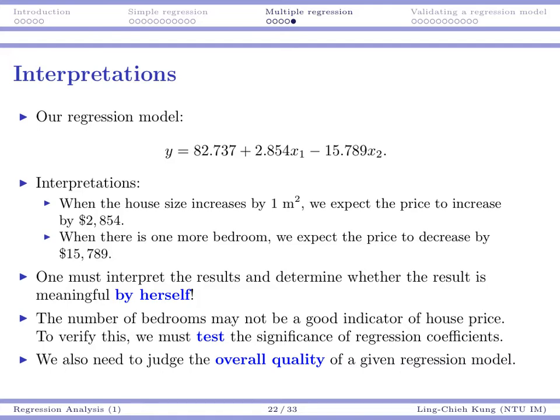So you can see that whenever we have another variable, that may affect the coefficient for the original variable. Kind of reasonable. What's more interesting is that whenever there is one more bedroom, we expect the price to decrease by around 16,000.